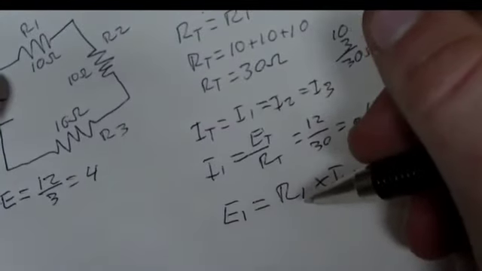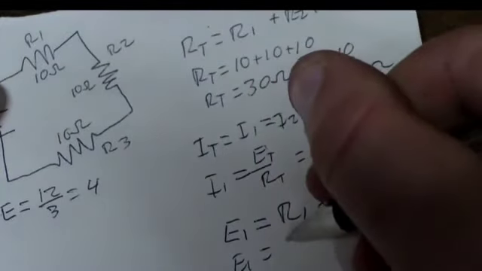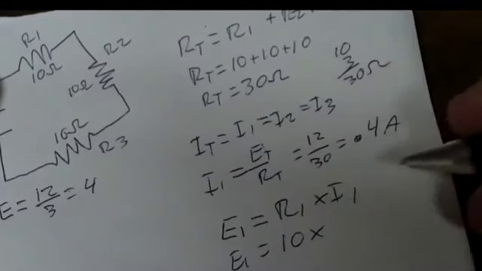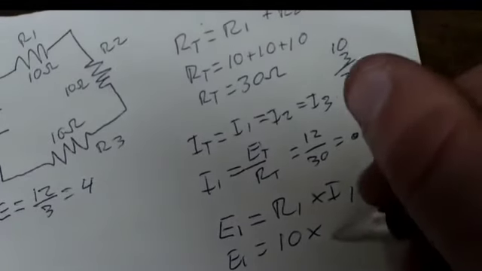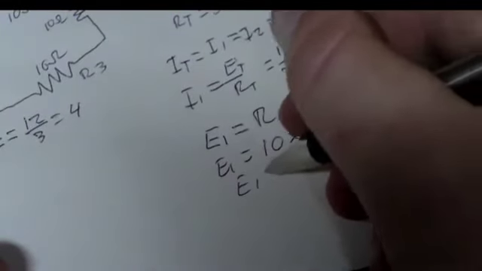So your R1 is 10 ohms. So E1 equals 10 times your I1, which is the same as all of them. So it's 10 times 0.4. E1 equals 4 volts.